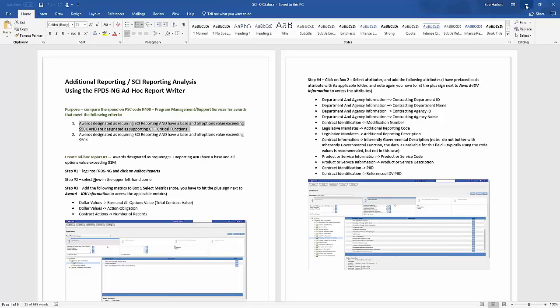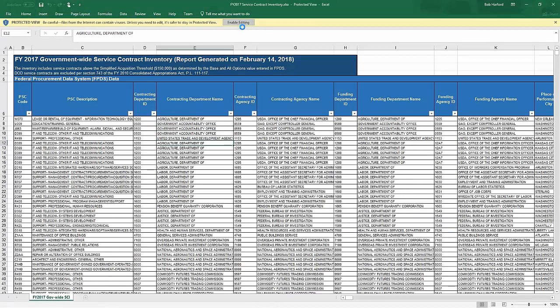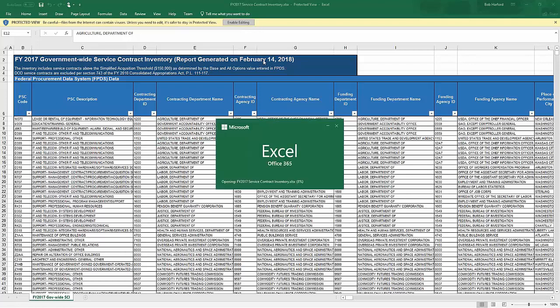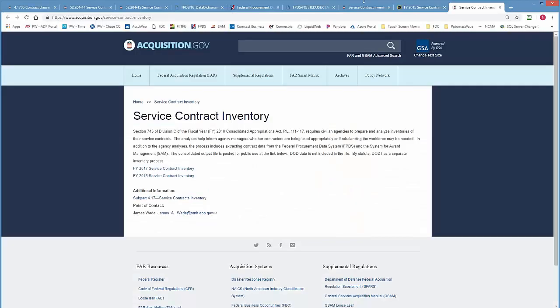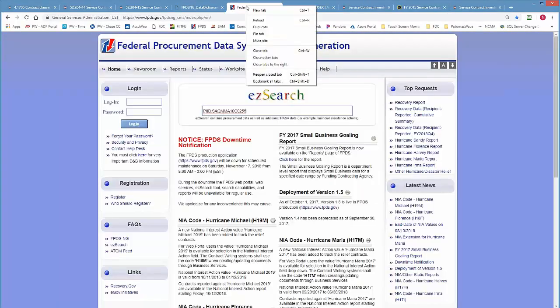Let's see, here we go. Okay, so FY17 government-wide service contract inventory report generated. Well, let's see what this says here.